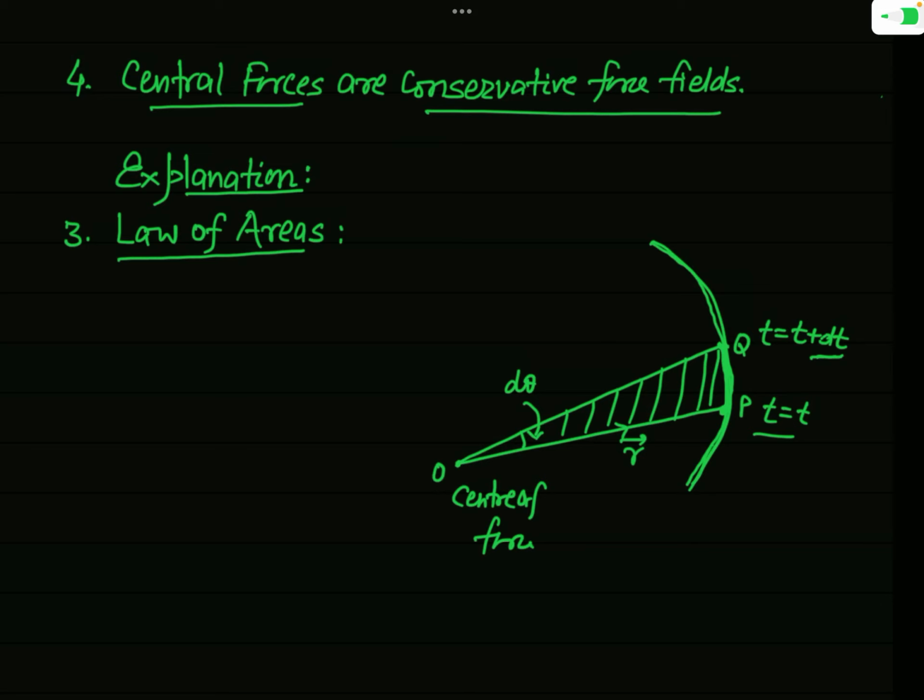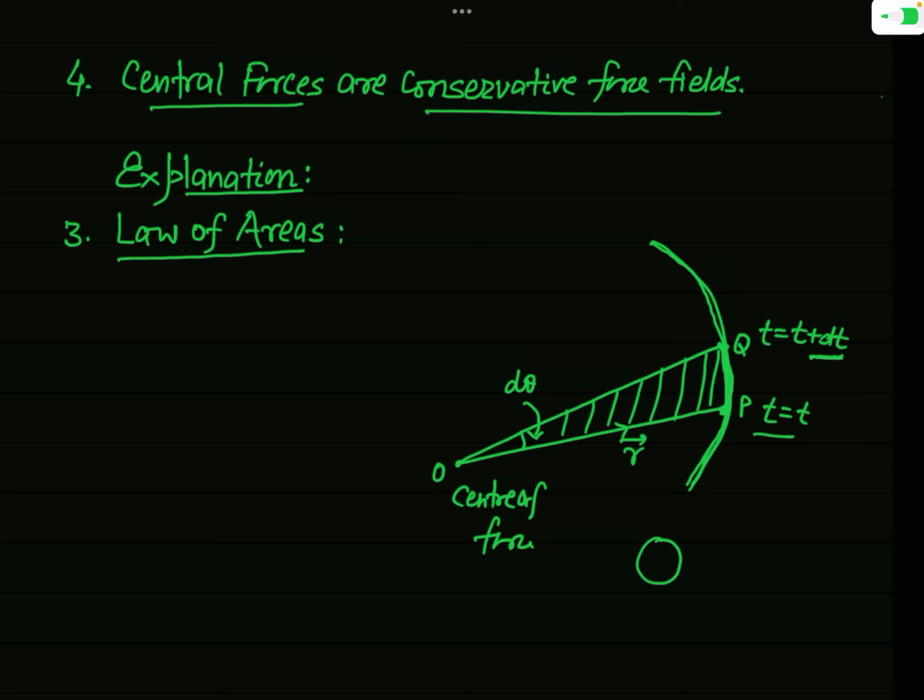So PQ will be just a straight line, provided that we have assumed that this time interval dt is very small, because a very short length of any curve is straight.